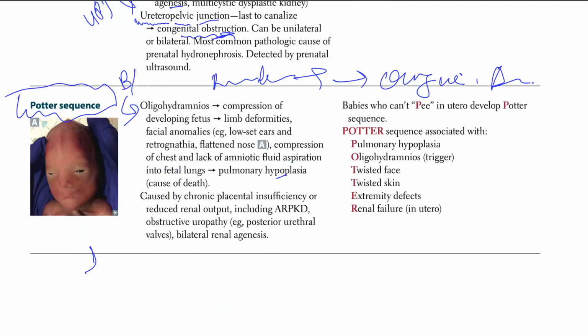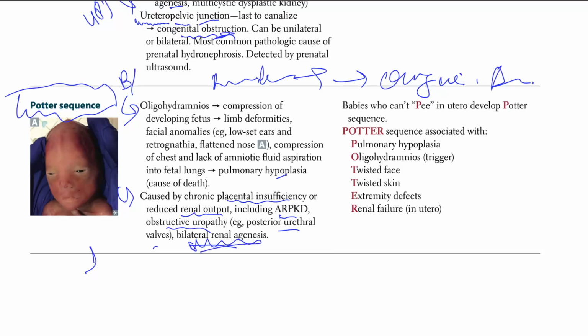Now let's read the second paragraph. It is caused by chronic placental insufficiency or reduced renal output, including ARPKD, autosomal recessive polycystic kidney disease, or obstructive uropathy, example, posterior urethral valves, or bilateral renal agenesis.